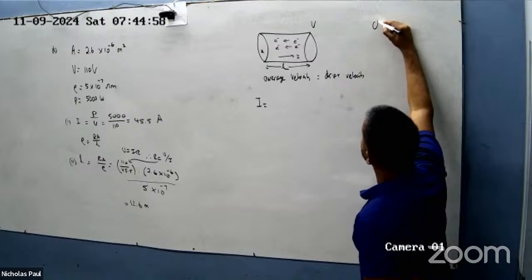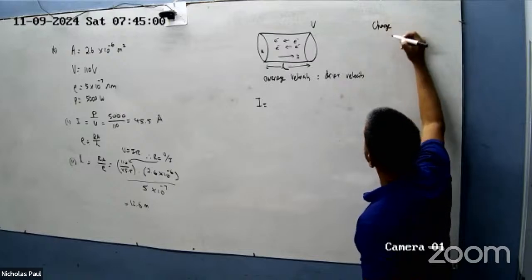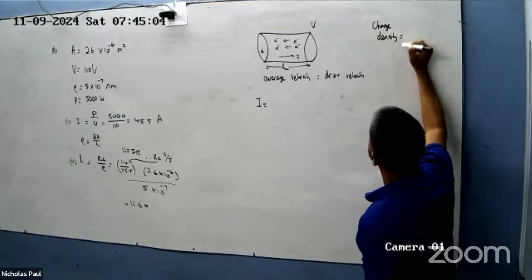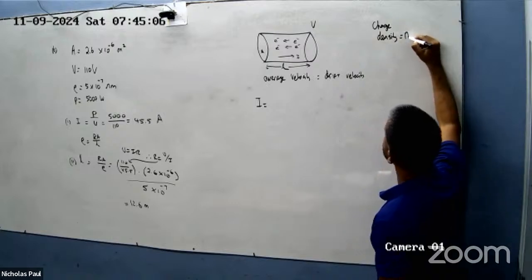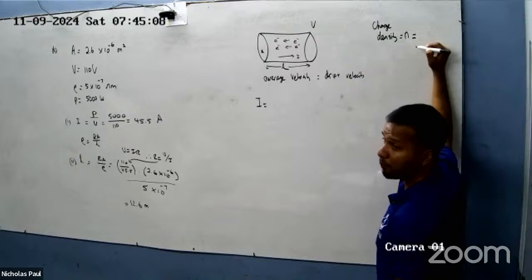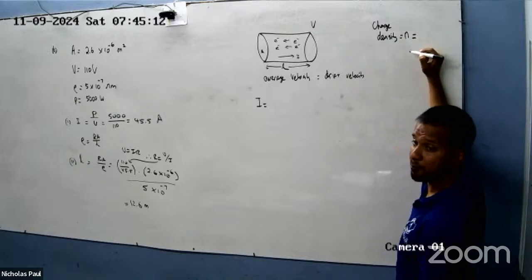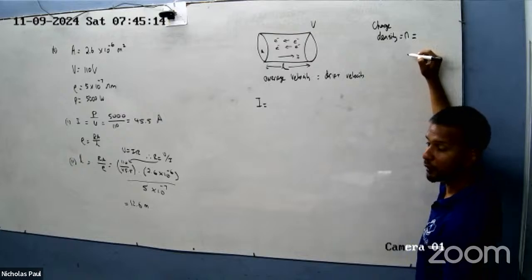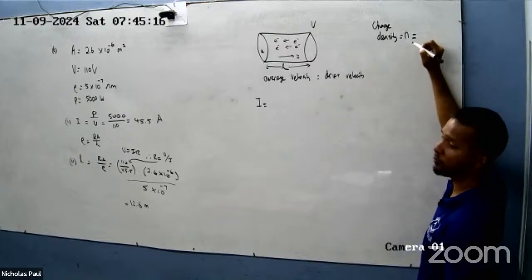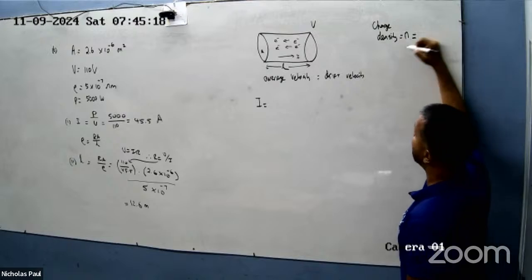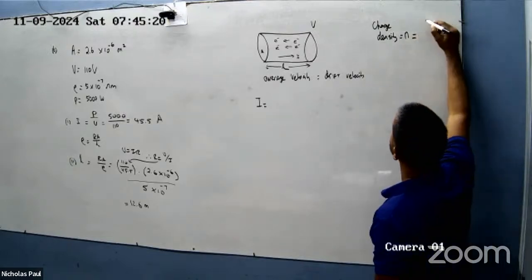So we have something called charge density. Charge density is small n. I just want to give you these things first.